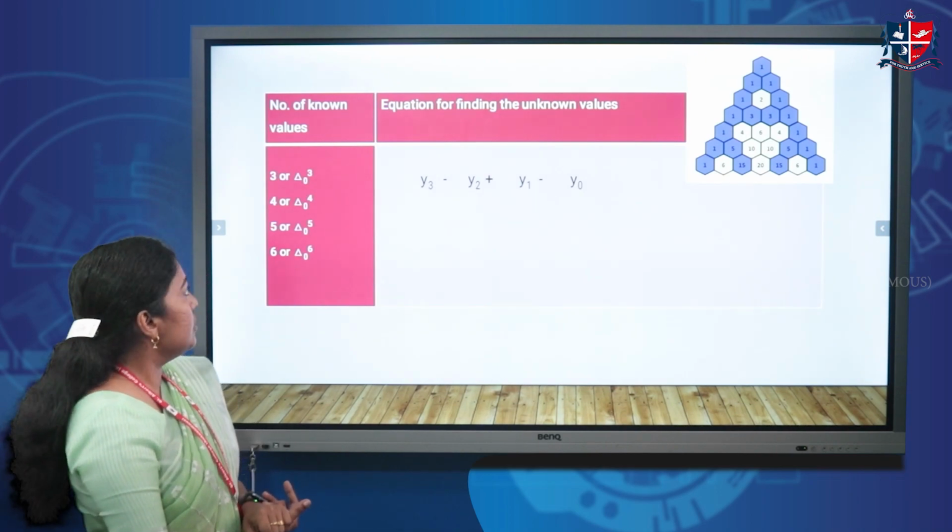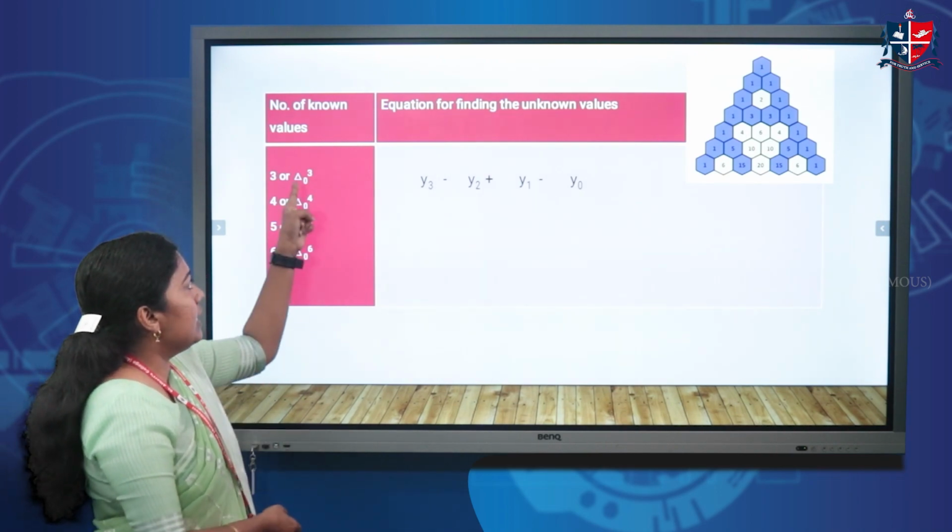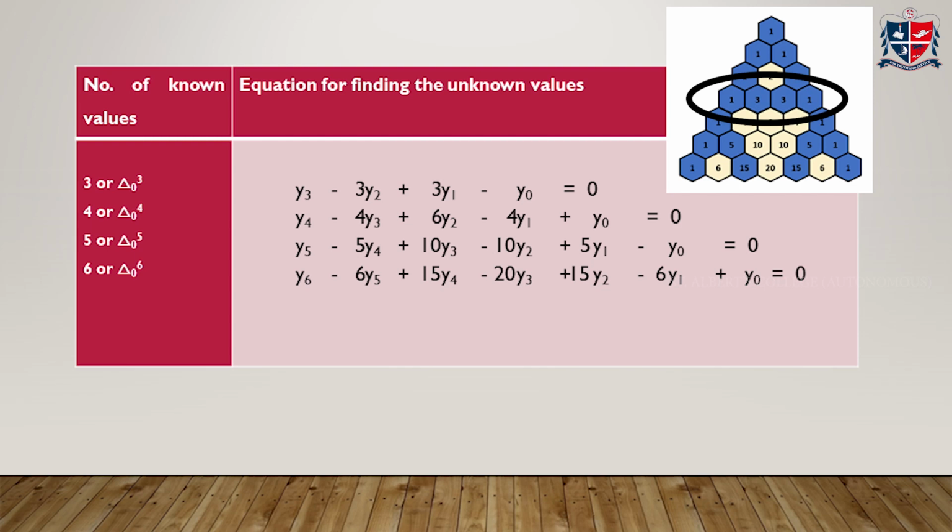Immediately after this, if it is delta 0 raised to 3, you are starting from y3, then you have to check the third line. Here, 3 relates to the third line, where 1 is given, you can ignore that.